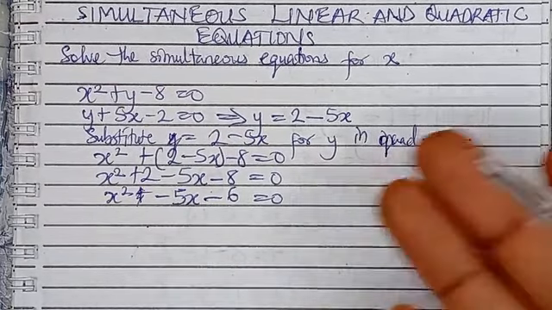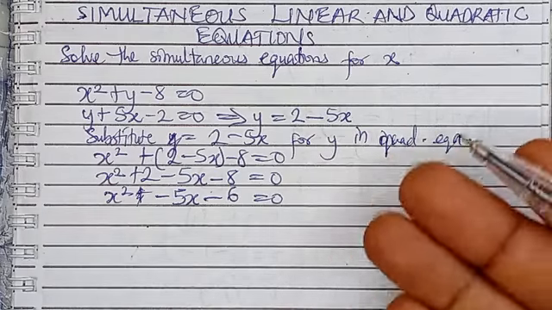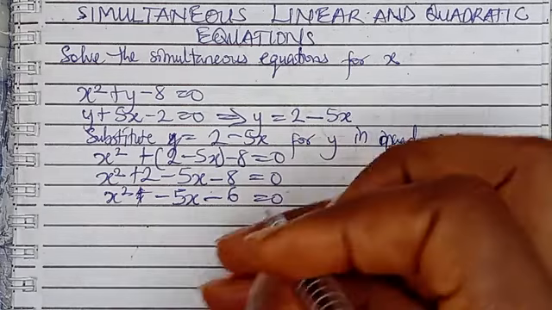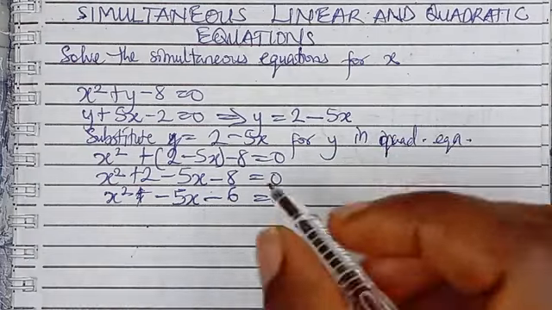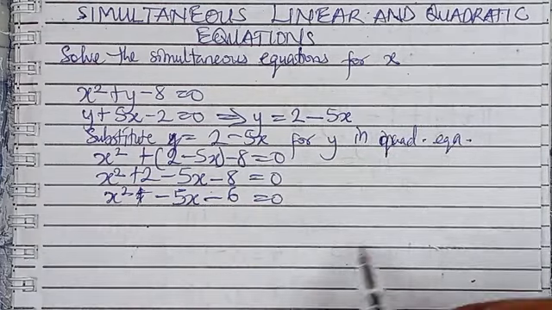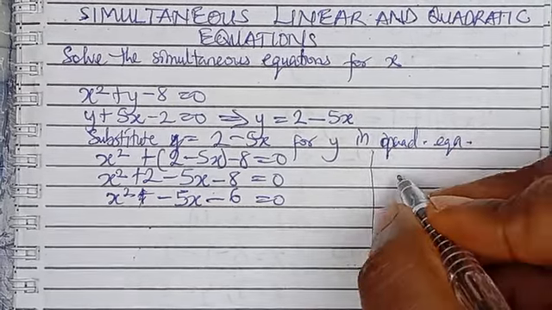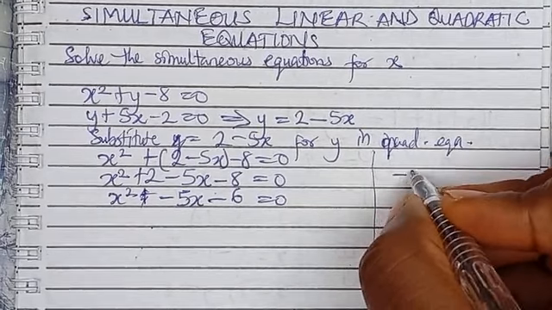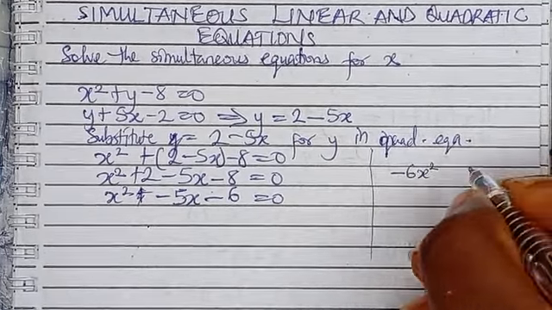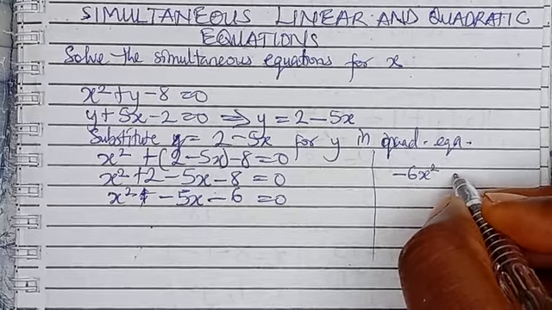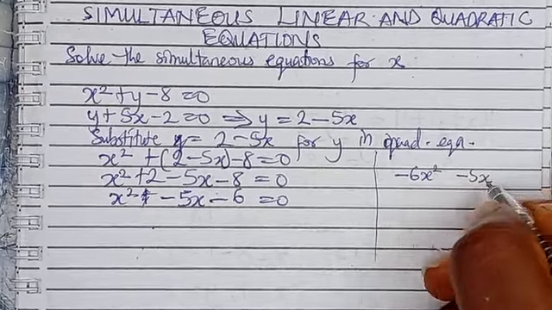Now we are going to solve it the normal way we know how to solve quadratic equations, which is to say we are looking for two numbers that when we multiply them, I'm going to have my rough work side here, we get minus 6x squared, and when we add them together, we get negative 5x.